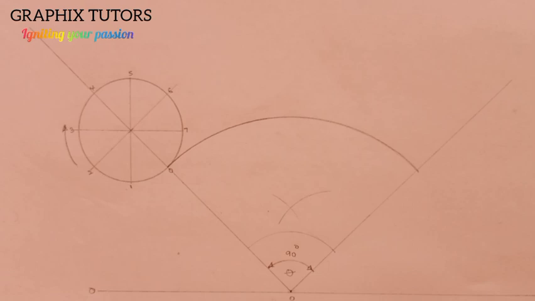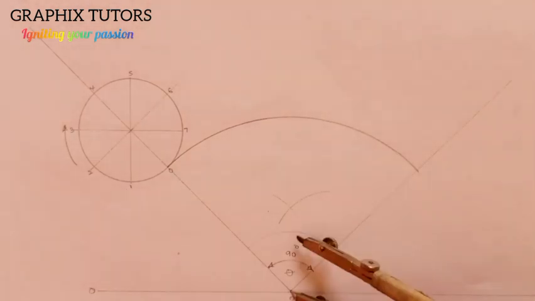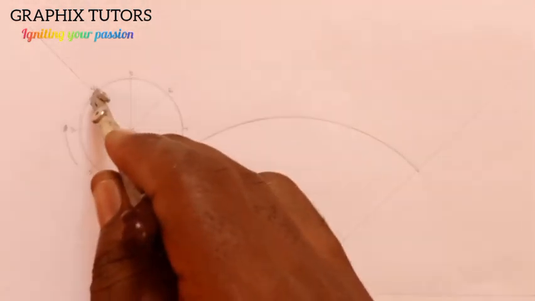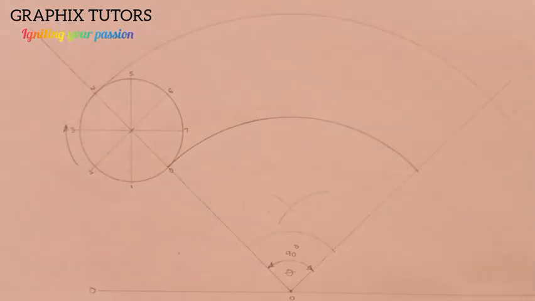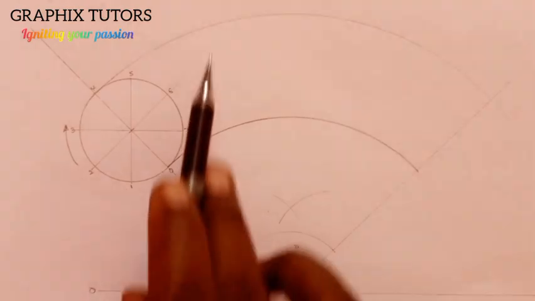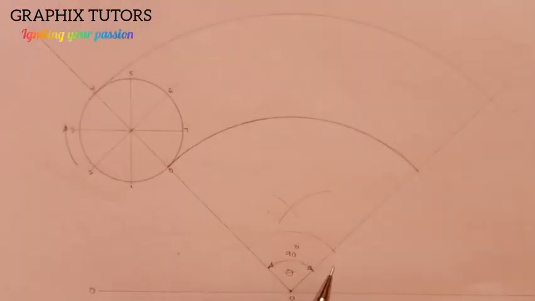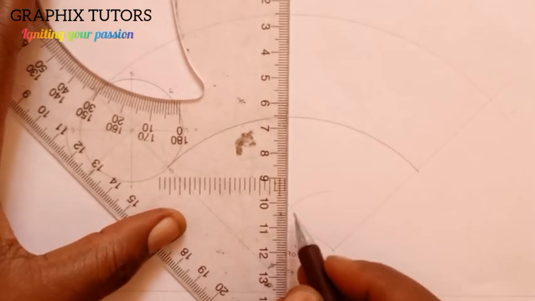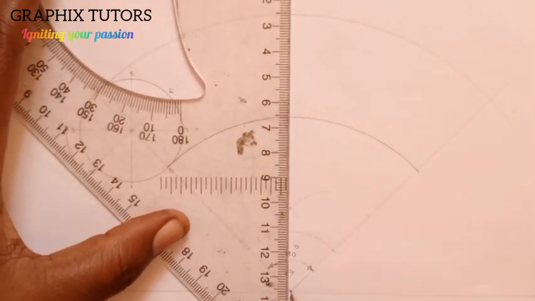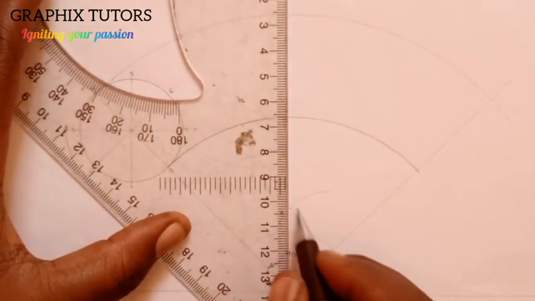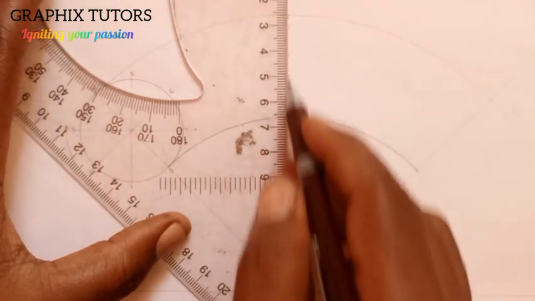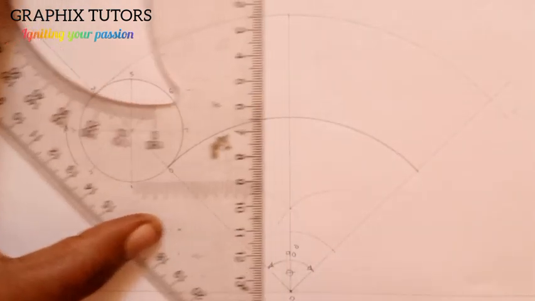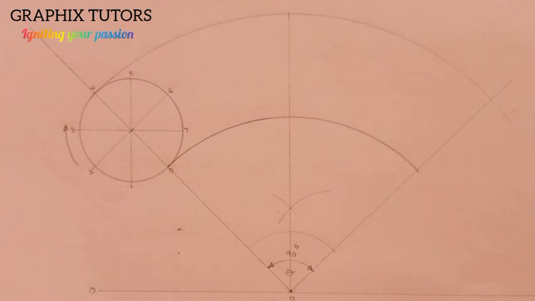Before I draw it through, I'll take my compass, place it here, then draw a line this way. My line will not pass this top line here. So I'm going to draw from here, passing through the center here. Here's the first one. You can see that.